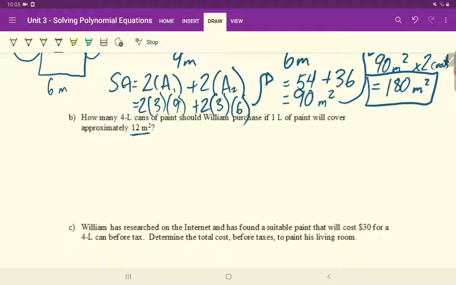How many 4-liter cans of paint should William purchase if 1 liter of paint will cover approximately 12 meters squared? So if 1 liter covers 12 meters squared, a 4-liter can should cover 4 times that. So 12 times 4 is 48 meters squared.